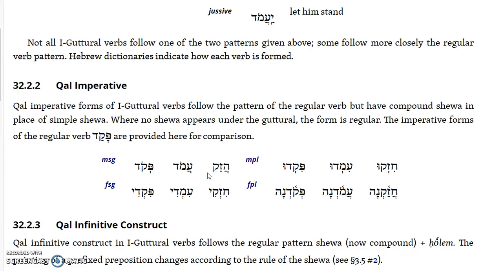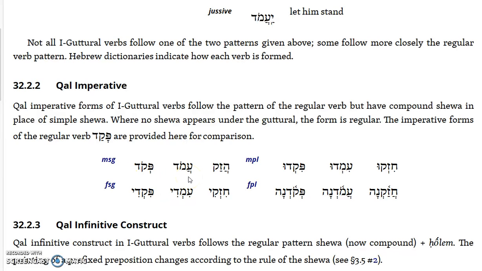Now, when you want to go to a Qal imperative, the imperative form of a first guttural follows the pattern of the regular verb, but has the compound shavah in place of a simple shavah. So if you have a regular verb like paqad that we've been using as a paradigm, it should be peqod.